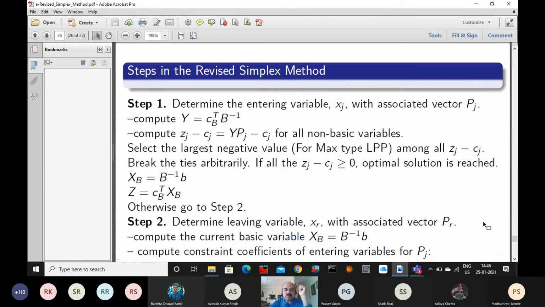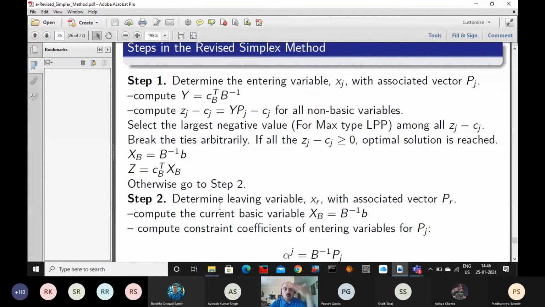What is step 2? Once the entering variable is known, we have to find the leaving, or departing, variable. Determine the leaving variable. The leaving variable is XR, which is associated with the vector PR.